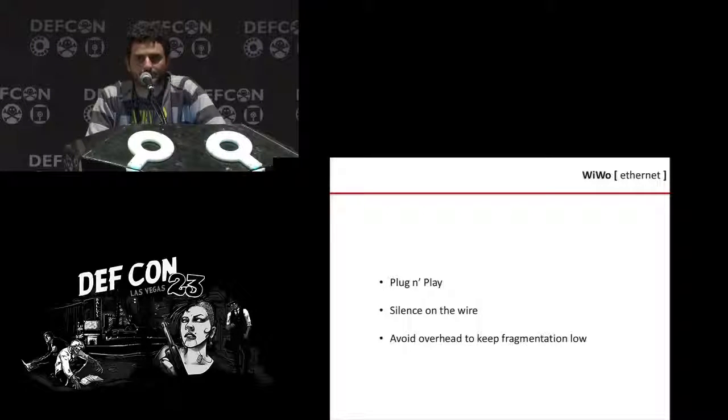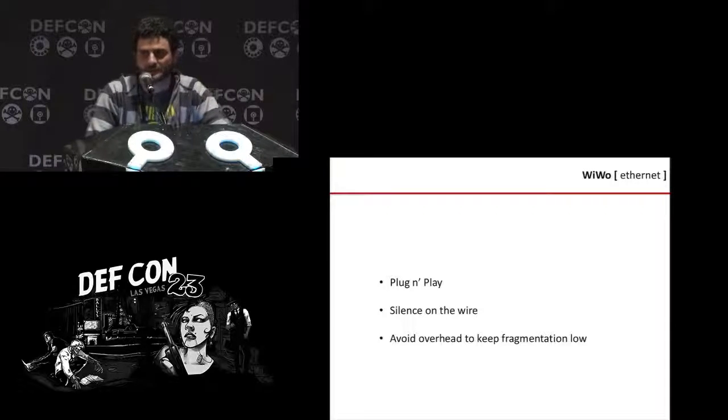We also can control the traffic on the network better because we are not using IP, and there are several IP services that are not there sending frames. So we have better control over the network.